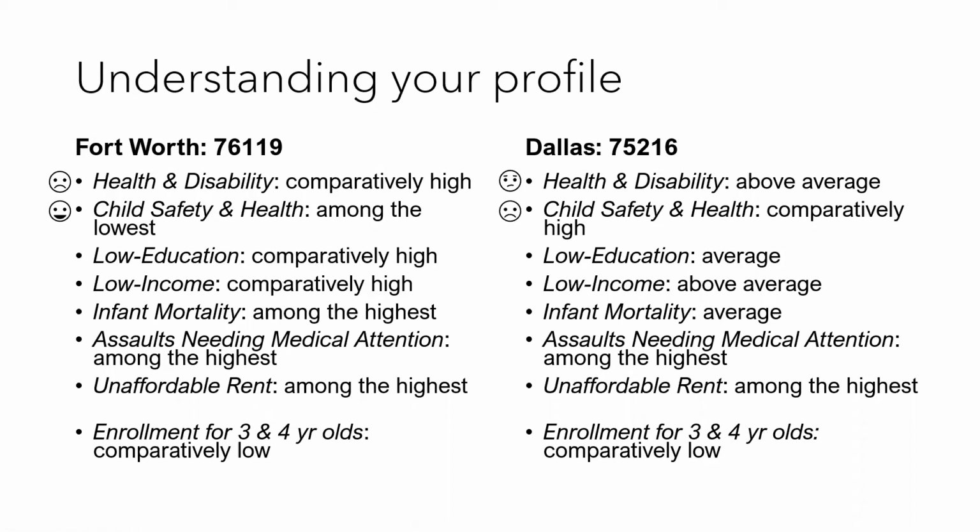We're just seeing generally high infant mortality rates in these communities. But in Fort Worth, infant mortality rate is among the highest that we see in these zip codes. That rate is among the highest that we see across zip codes across the state. However, in Dallas, it's about average to what we see across the state.